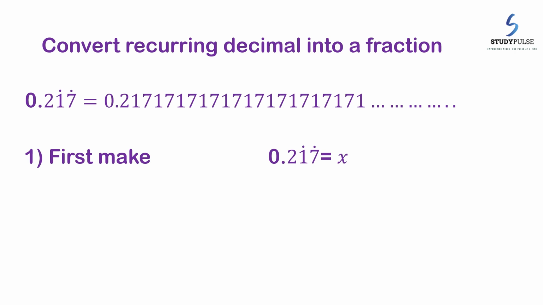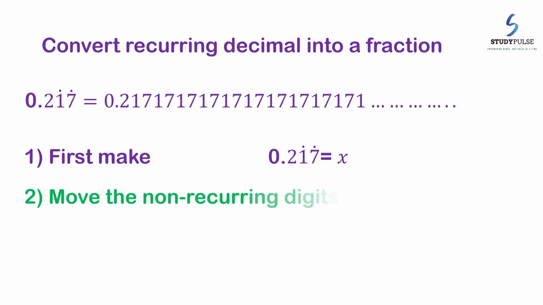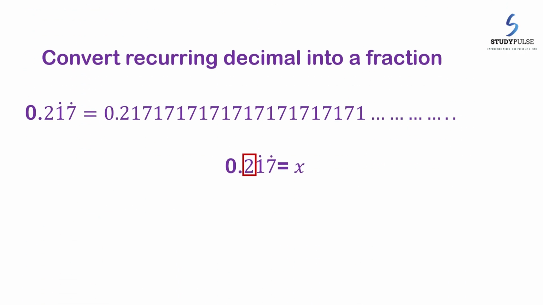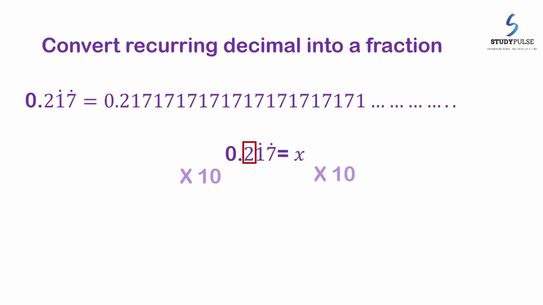Then move the non-recurring digit in front of the decimal point. We only have one digit that is non-recurring, and to bring that over before the decimal point, we have to times it by 10. So we're going to times both sides by 10, and that becomes 10x equals 2.17 recurring.